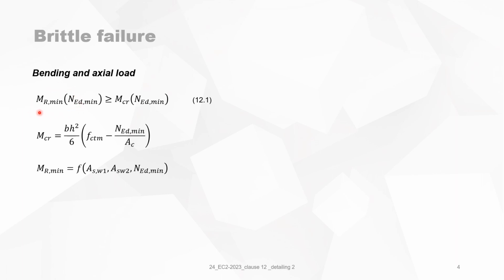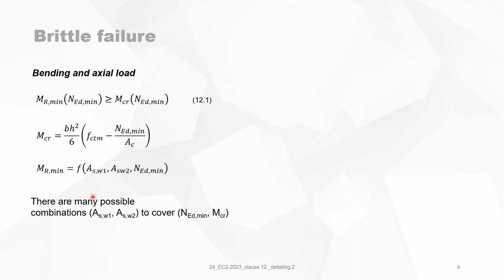MRd,min, the resisting bending moment in the presence of NEd, is in fact a function of the tension reinforcement, As1, the most tensioned reinforcement, and As2, the least tensioned reinforcement. So when you want to solve this inequality 12.1, you will see that there are many possible combinations of tension and compression reinforcement, or most tensioned and least tensioned reinforcement.